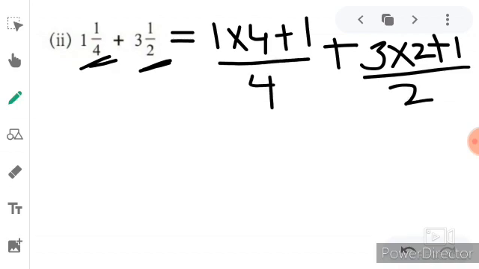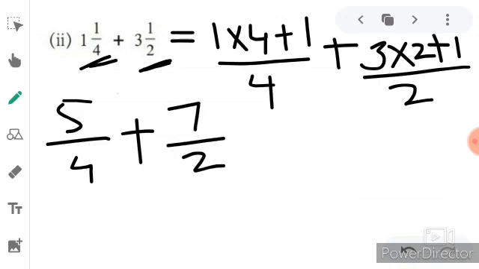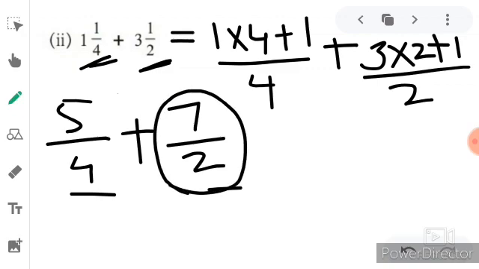Now let's multiply. 1 4s are 4 plus 1 is 5. 5 upon 4 plus 3 2s are 6, 6 plus 1 is 7, 7 upon 2. In this example these are unlike fractions and we will have to convert them into like fractions. So multiply this term by 2.